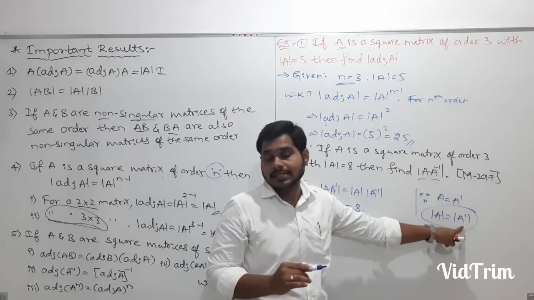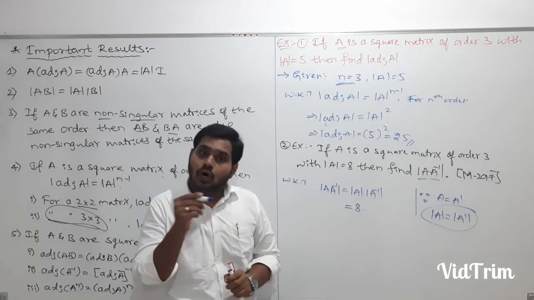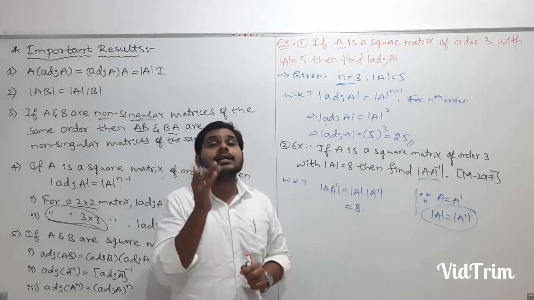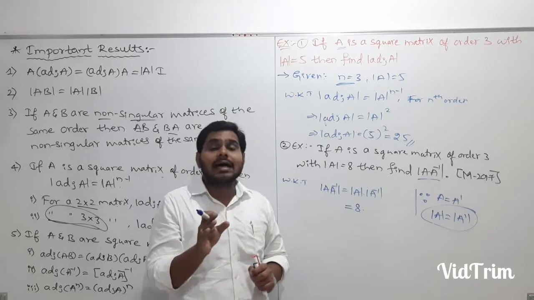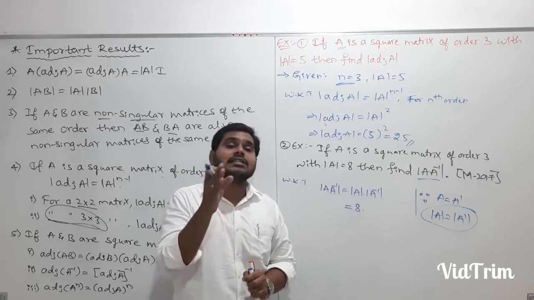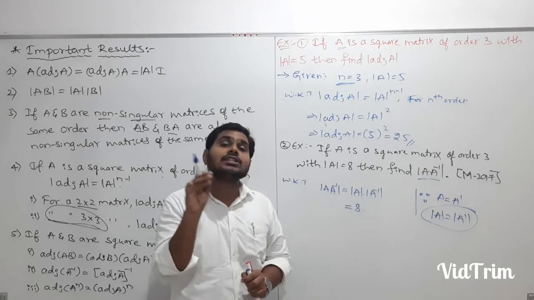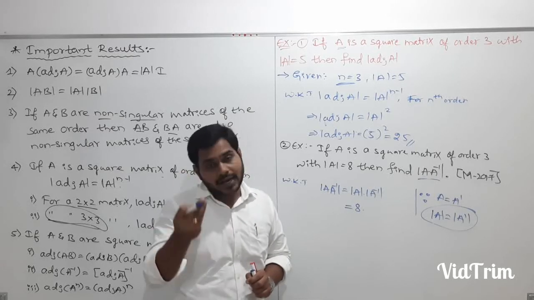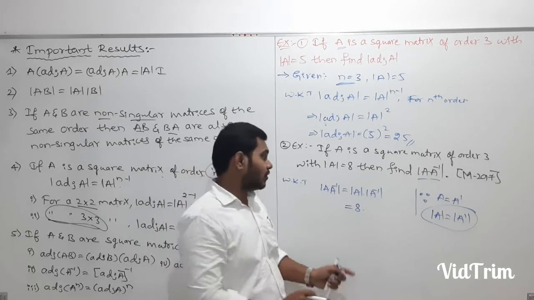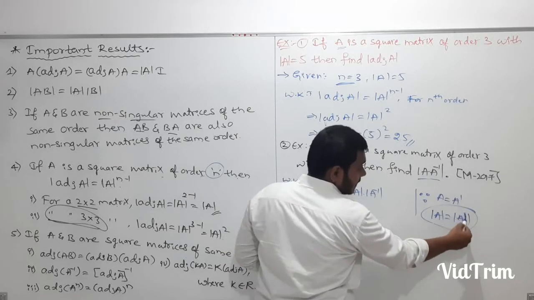If you calculate the determinant after interchanging rows into columns, the value is the same as it is. This is A transpose. Clear?